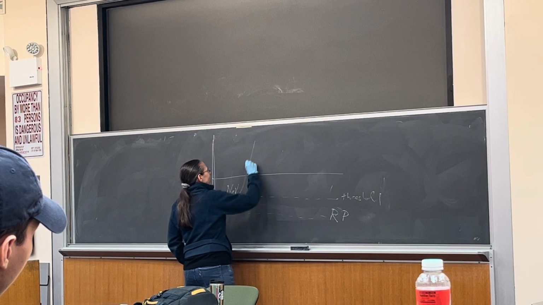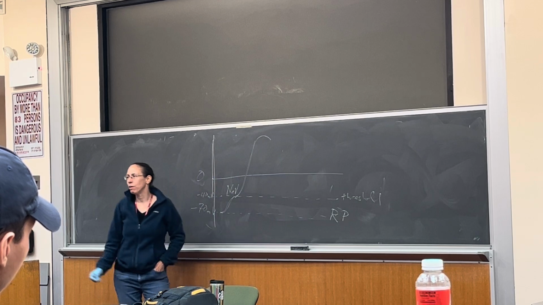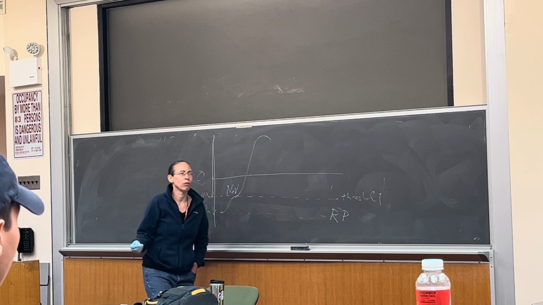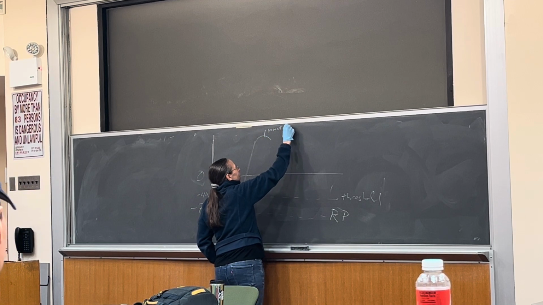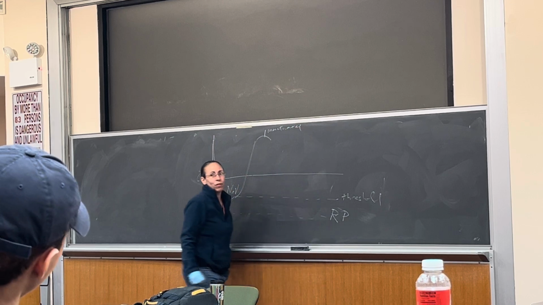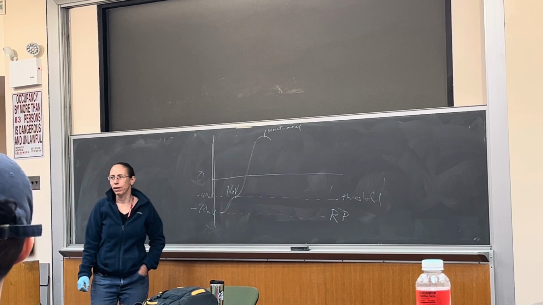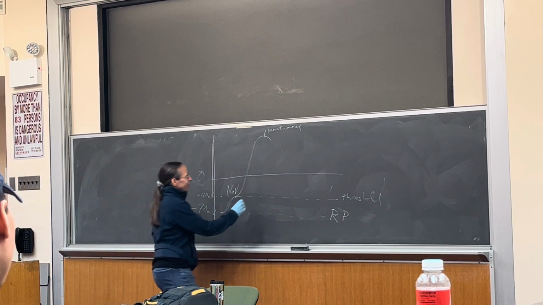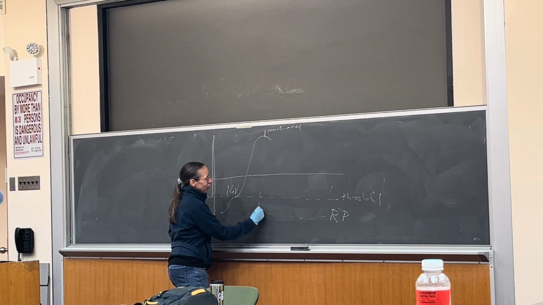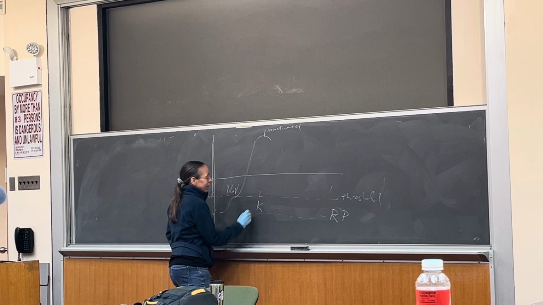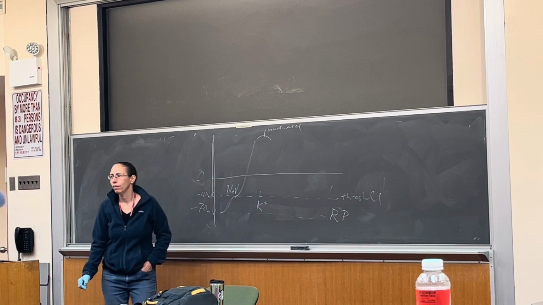At some point later, they close, but they enter a state referred to as the inactivated state, and sodium stops flowing into the cell. Meanwhile, the voltage-gated potassium channels have opened, and potassium starts flowing out.